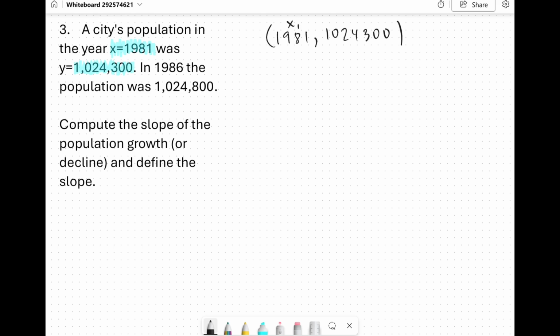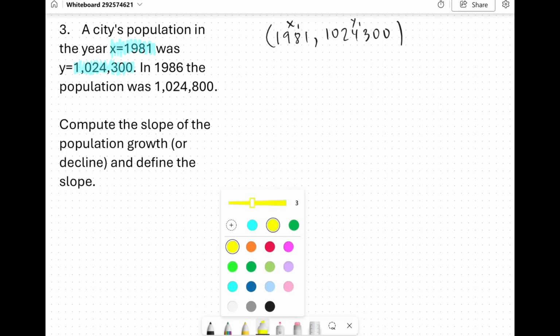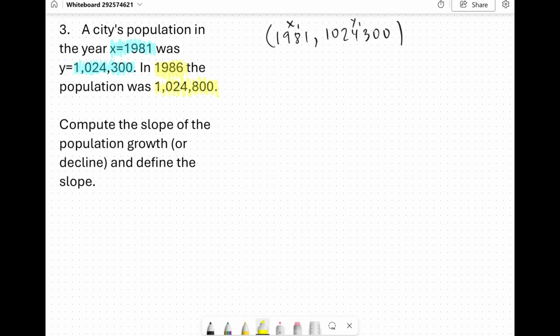So this is your x1 and this is your y1. In 1986, the population was 1,024,800. So the population grew since 1981. So in 1986, it was 1,024,800. Let's go ahead and create the second point.